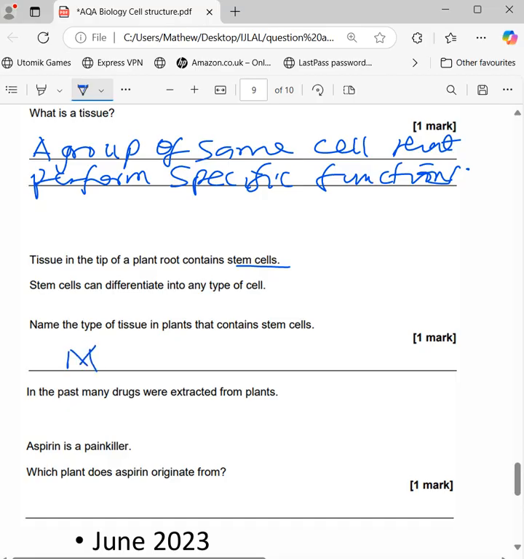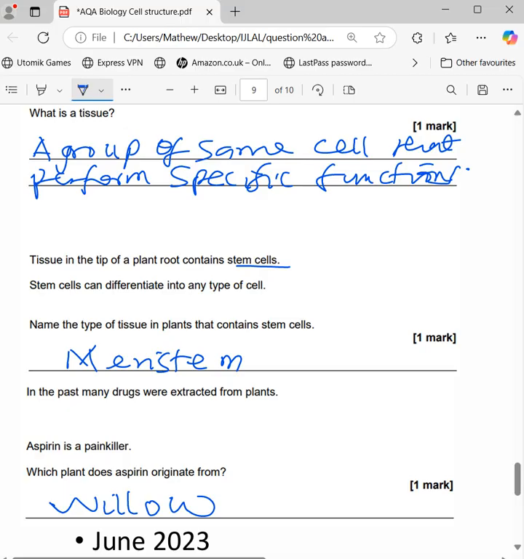These are the meristems, meristematic tissues. Now, aspirin is a painkiller. Which plant does aspirin originate from? It's called the willow plant.